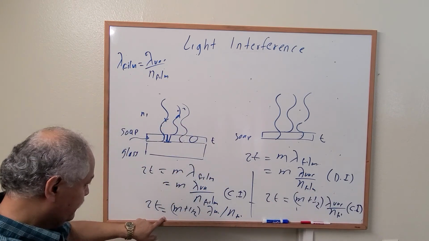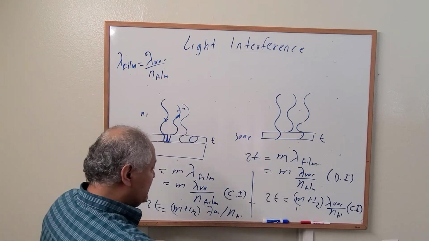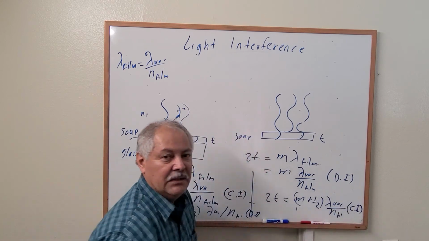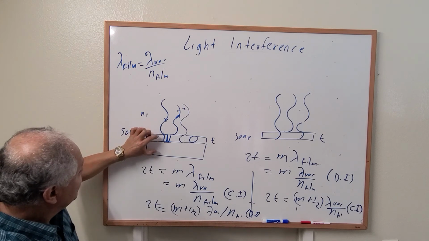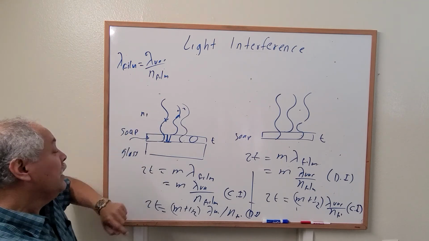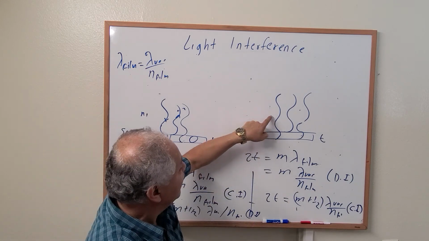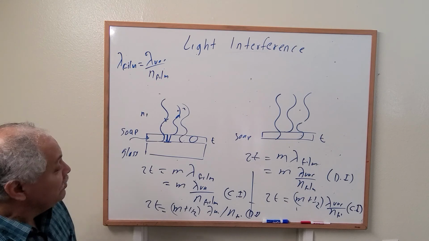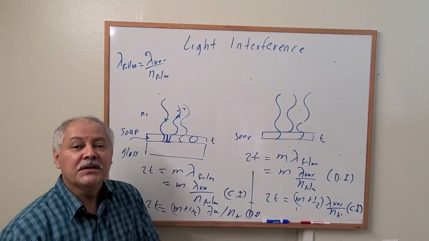This one is the same as this one, but in this case this is destructive and in this case it's constructive. So it depends, right? It depends if we have these three systems, let's say air, the film and glass, or if we have only air and the film, correct? We create again the conditions for thin film interference.